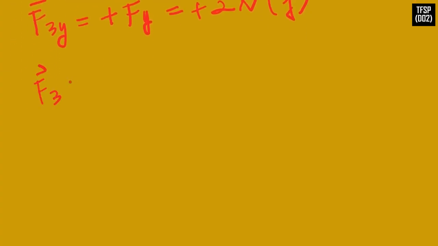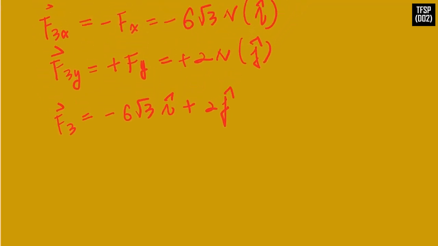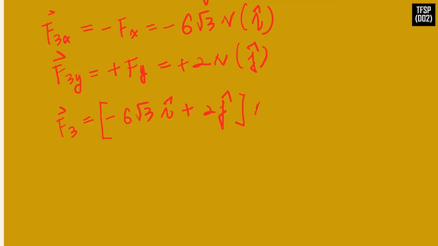F3 equals negative 6 root 3 i plus 2 j Newton.